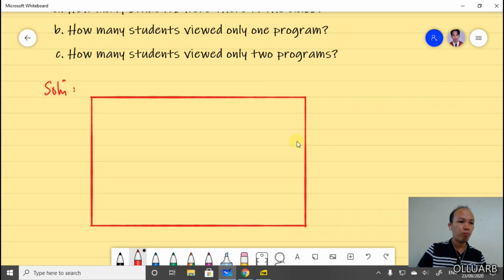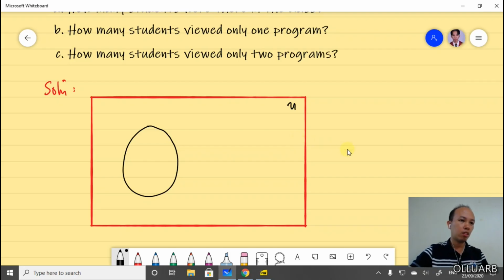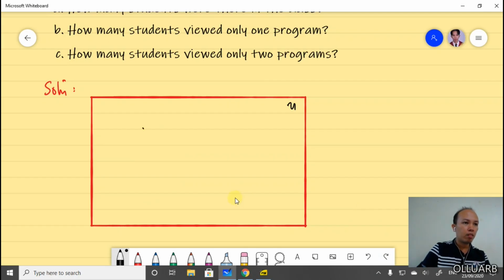And then we will make geometric figures. Let's say a circle.